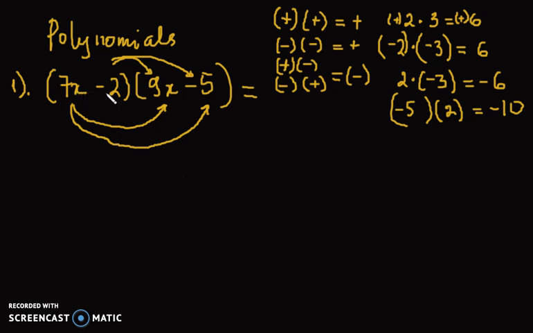Now, for this problem, what you do is you multiply 7x by 9x, and then multiply 7x by -5.